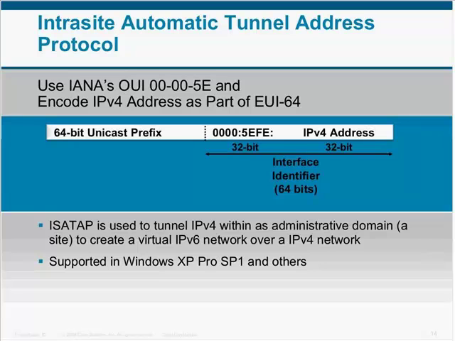The first 64 bits will need to be allocated from one of our IPv6 blocks internally. The next 32 bits will be a fixed value assigned by the RFC, 0000:5EFE, and it will be followed by the IPv4 address of the gateway or of the host.